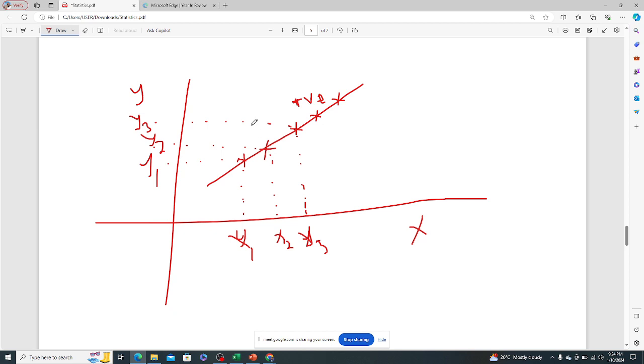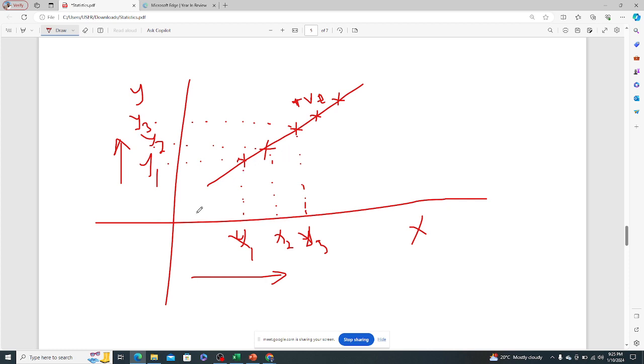So what can you see? You can see the values are increasing with increase in our y values. As the y values are increasing, so do the x values, meaning they are moving in the same direction. They are increasing all together.